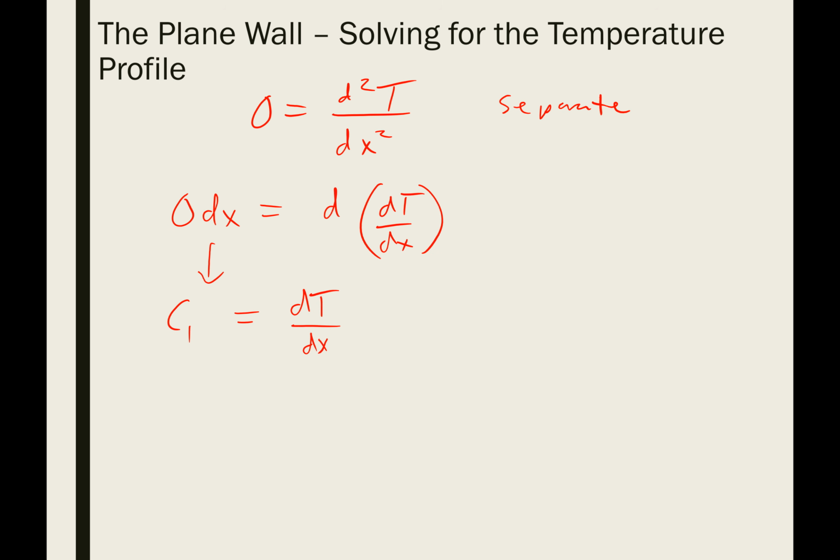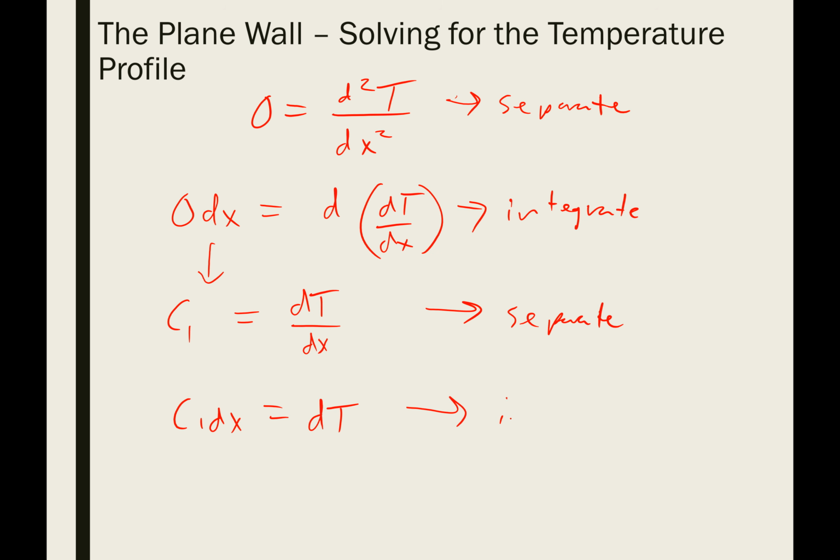What do we do now? Okay, great. So we separated, then we integrated. Then we're going to do that again. So we would get C1 times dx is equal to dT.